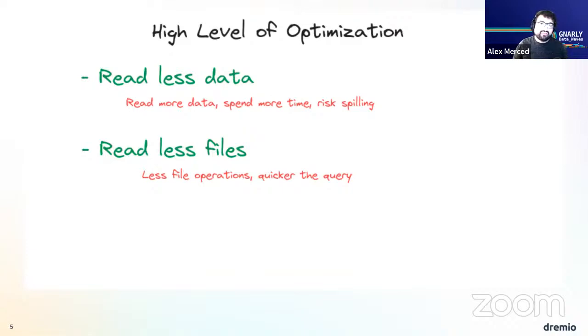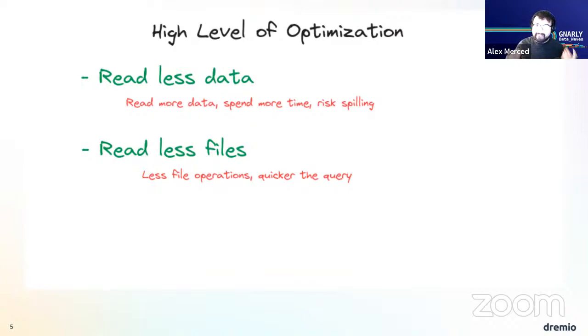So you can take different approaches so that when your query engine, like a Dremio or Presto or Spark, has to plan their query, they read less data across fewer files. Bottom line is you're going to run less risk of having to spill data and write data to hard disk in order to complete the job, which is going to add time to the job.